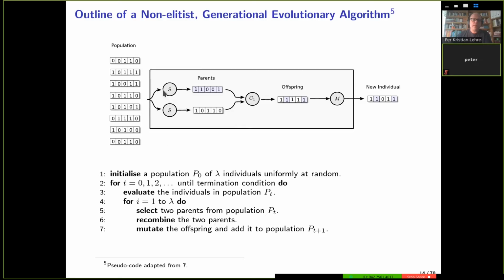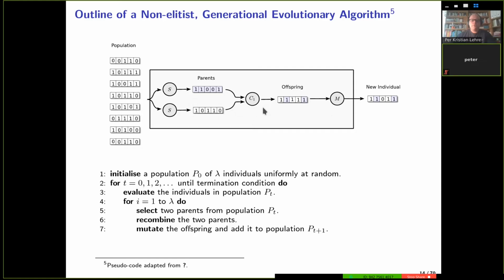So we have some selection mechanism that we choose two parents. The selection mechanism depends on what particular algorithm you're using. It can, for example, be mu, lambda selection or tournament selection. So we pick two parents, and then we apply a crossover operator or recombination to these two parents. We get some offspring, and then we apply mutation to this offspring.